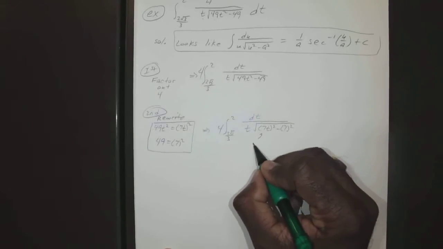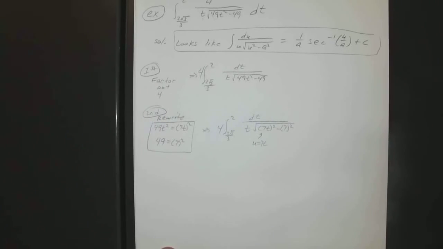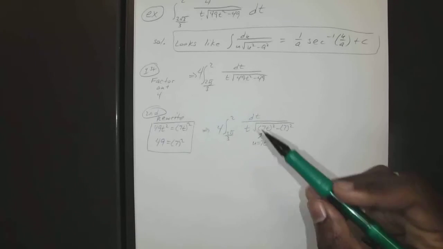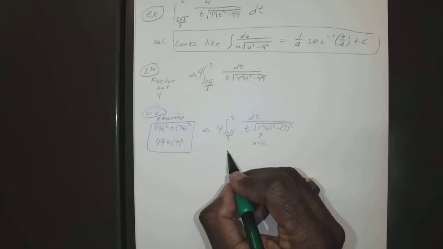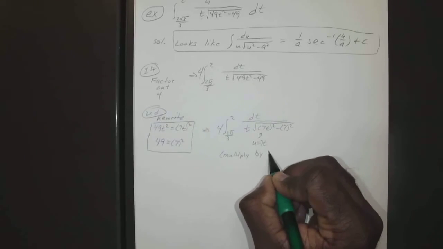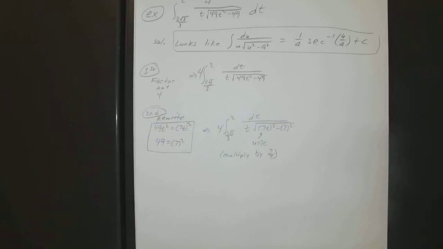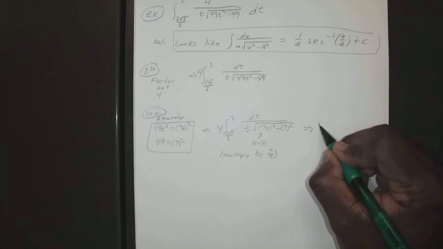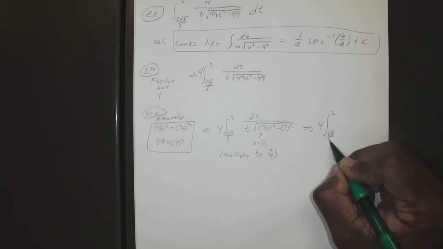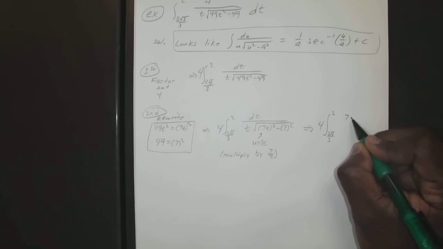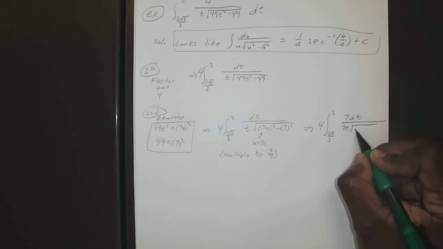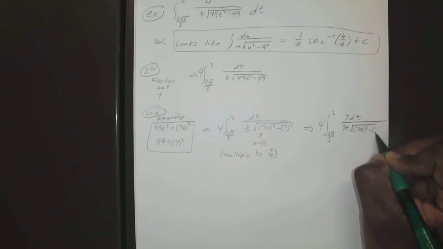Okay, so this u is equal to 7t, but that one isn't. So really all you have to do is multiply it by 7 over 7, and it'll match right up. Multiply by 7 over 7. And that will give us 4 times the integral from 2 square root of 3 over 3, 7 dt over 7t times the square root of 7t squared minus 7 squared.